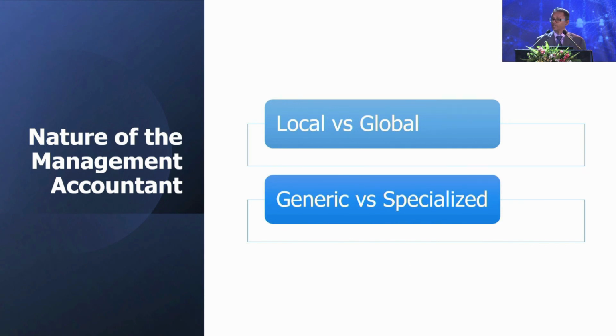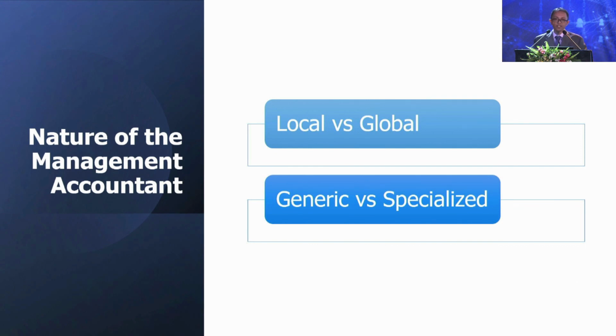One of the key guiding principles that defined the syllabus revision process was the nature of the future management accountant. We had 2 points to deliberate: a local management accountant or a global management accountant. We looked at the stakeholder feedback, the market conditions, and many other factors.